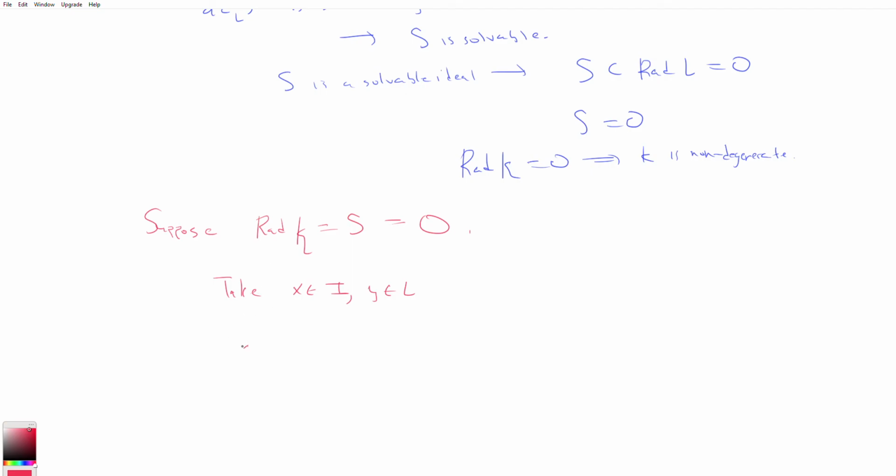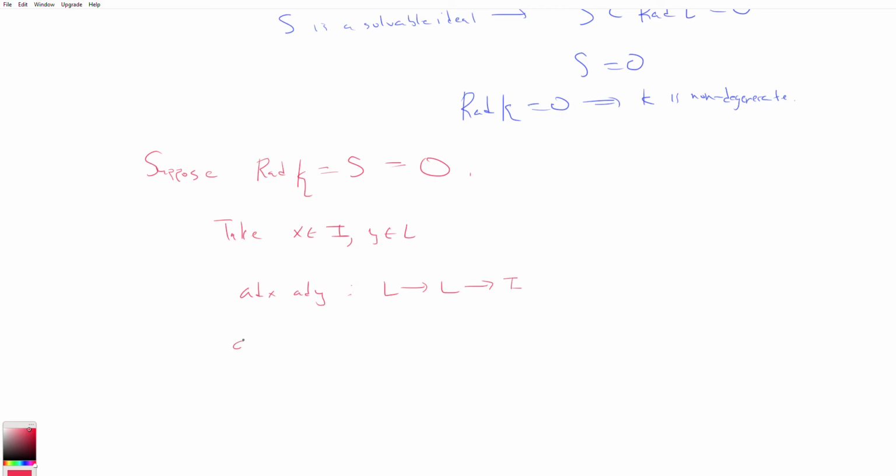Then the map ad x, ad y is a map from L into I, right? The y is just some random vector in L, so that's just going to send L into L, and then x is going to send L into I because x is in the ideal, right?